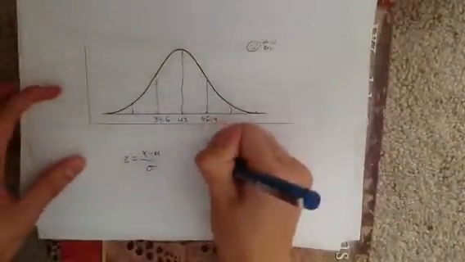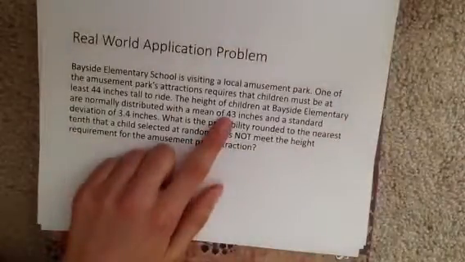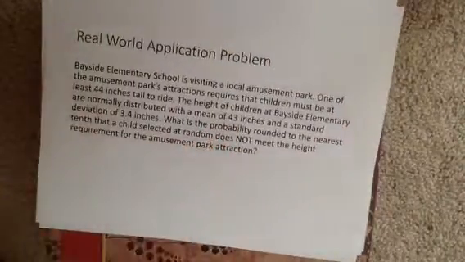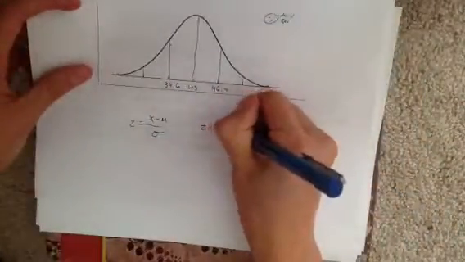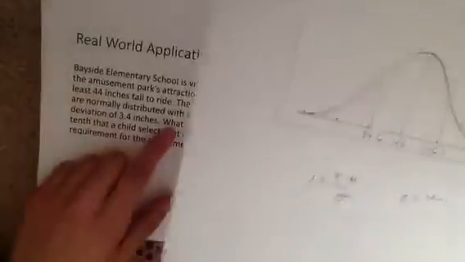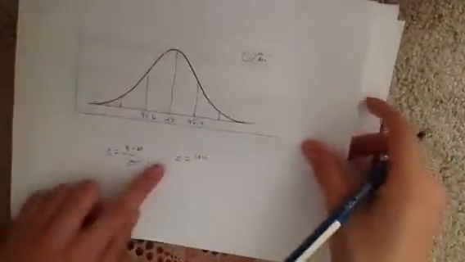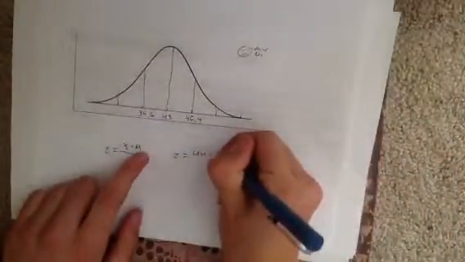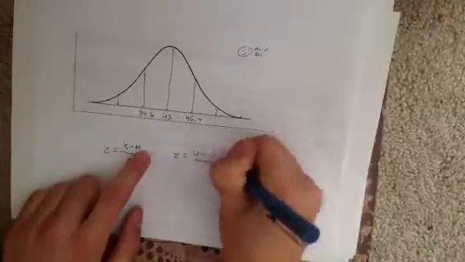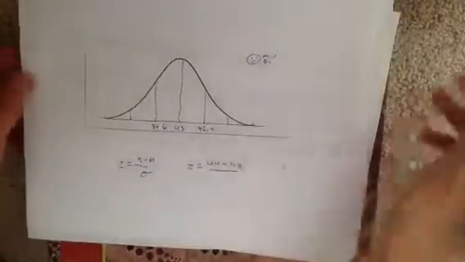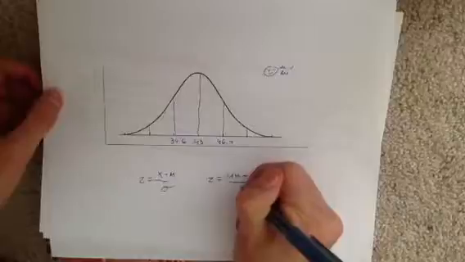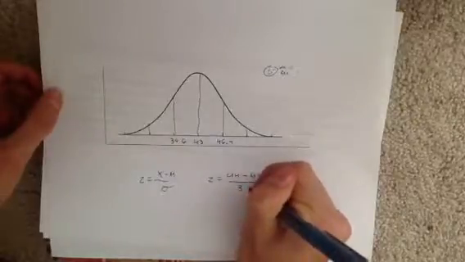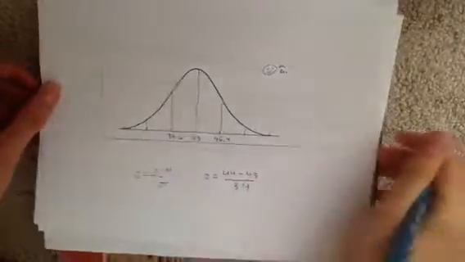Z equals we take the required height, which is 44, minus the mean, which is 43, over the standard deviation, which, as you remember, is 3.4. Now we have our equation set up.